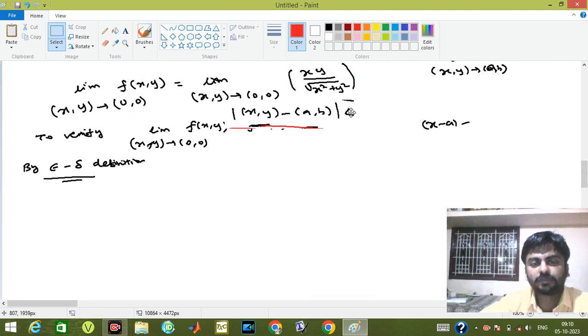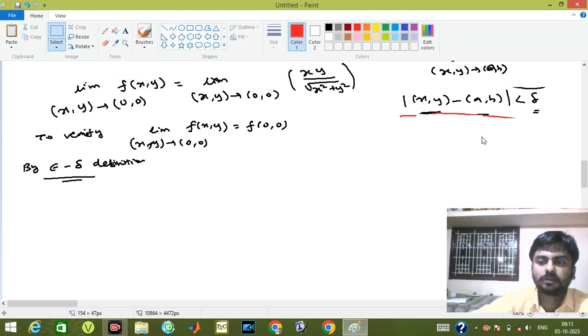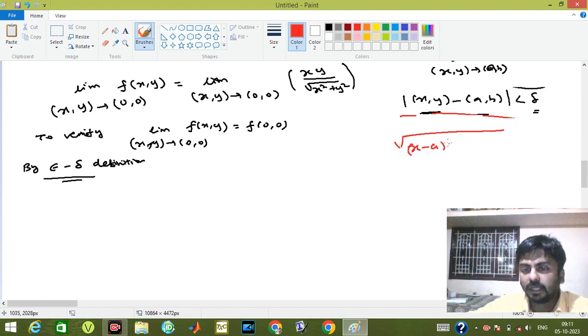If you are having this, then it is possible to write it in the following way: the square root of (x minus a) the whole square plus (y minus b) the whole square. You can write the modulus in this way also.